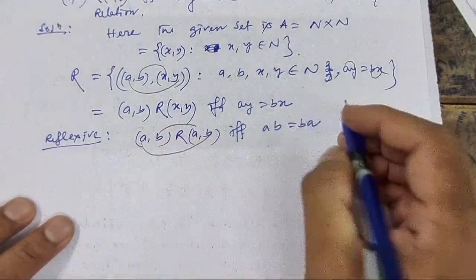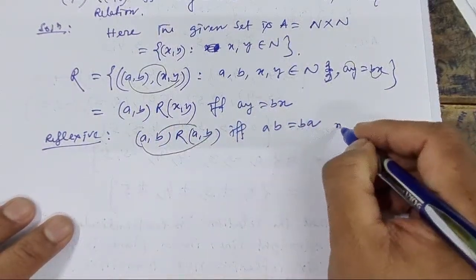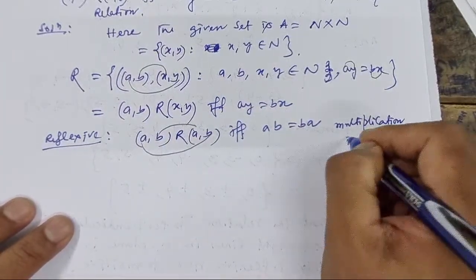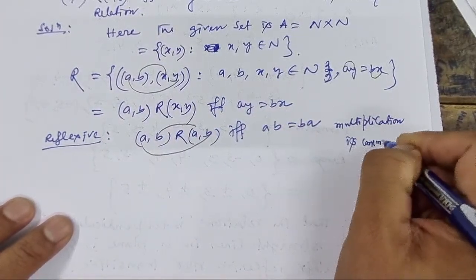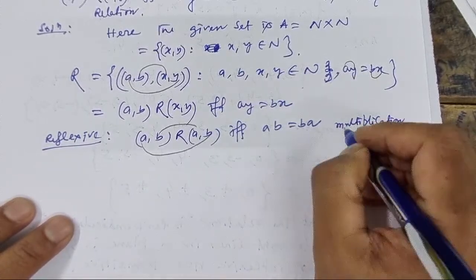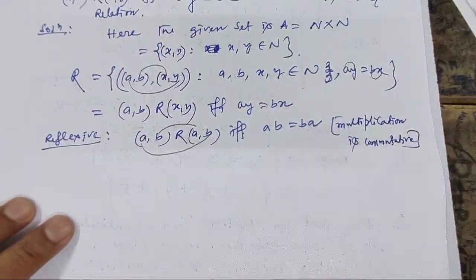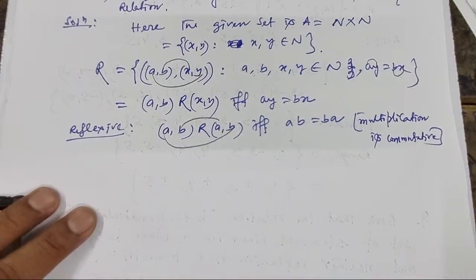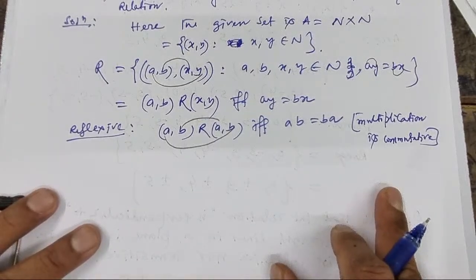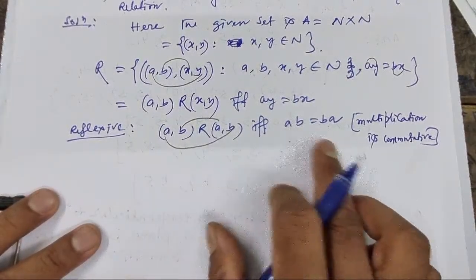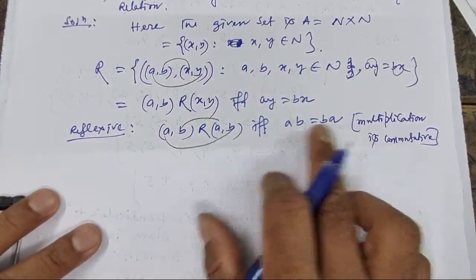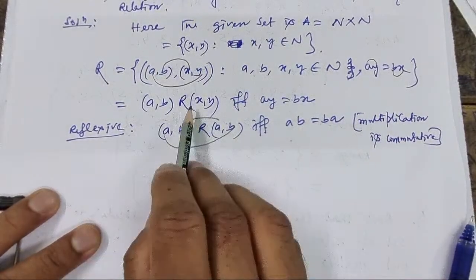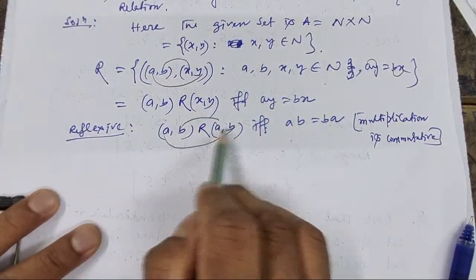Now see, ab equals ba. Why? Because multiplication is commutative. Maybe you have done it in class that addition is commutative, and here multiplication is commutative, right? So if ab equals ba then this value is the same, and it is following this. Here actually ab is as it is, but here xy becomes ab. So it is following.